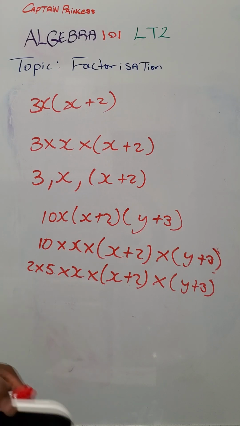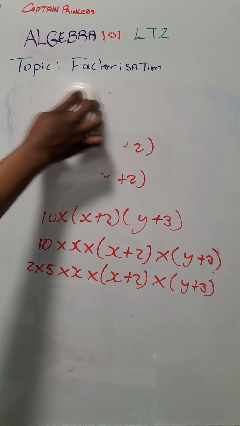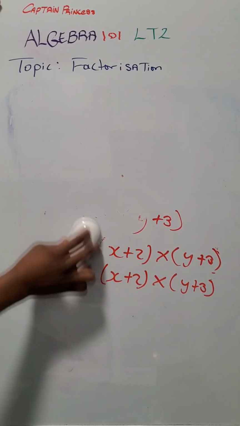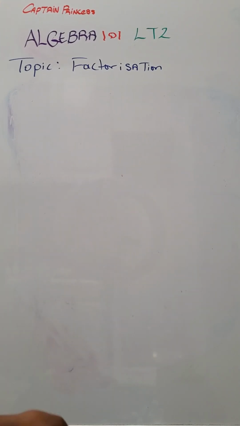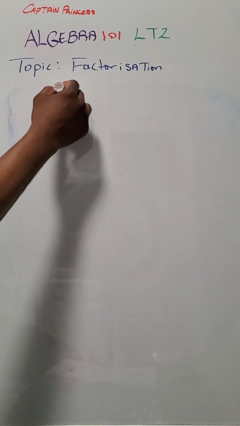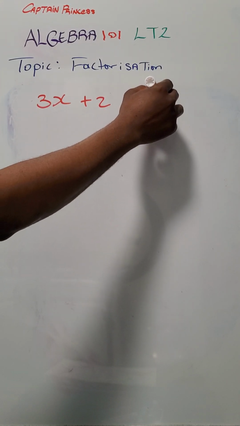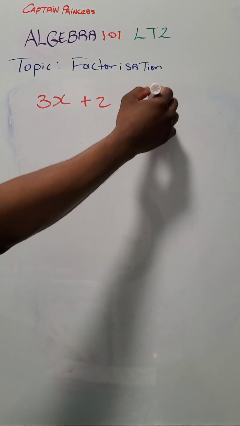So let us do a simple equation and then get busy. 3x + 2 = 8.